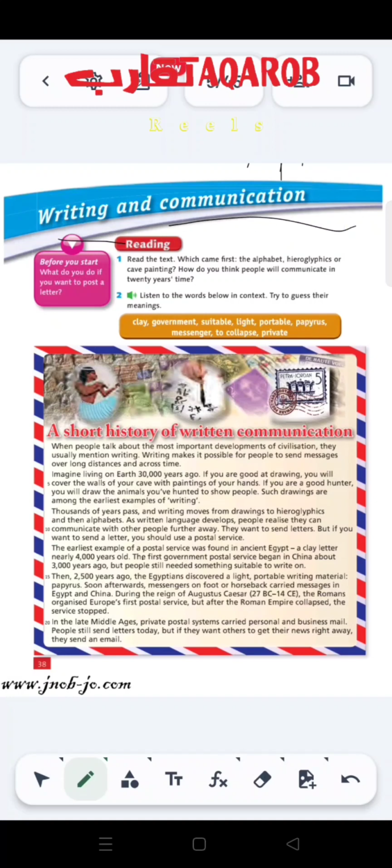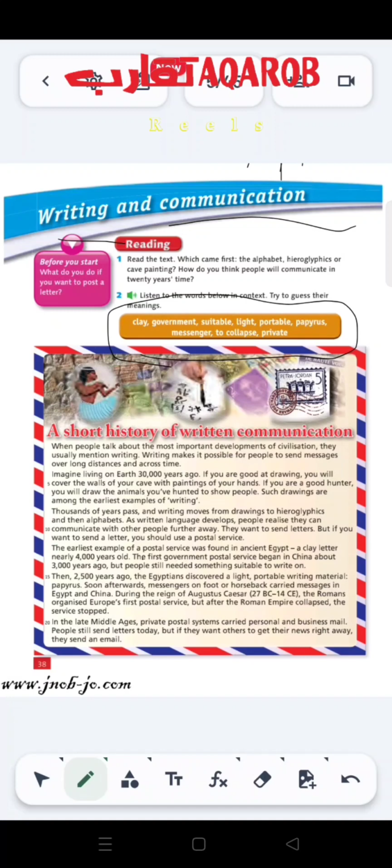Before we start, let's read the words here. Number 1, clay. Number 2, government. Number 3, suitable. Number 4, light. Number 5, portable. Number 6, papyrus.